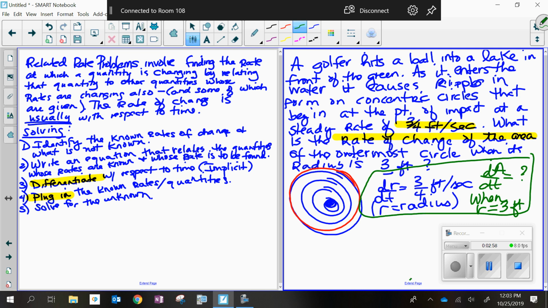Okay, so that's step 1. Step 2 says write an equation that relates the quantities. Don't say it out loud, but everybody think about it. We got radius. We got area. I think there's an obvious equation here, Riley. What would it be?